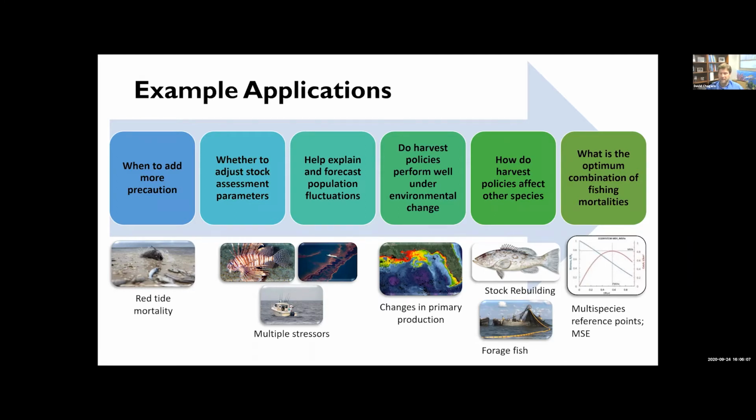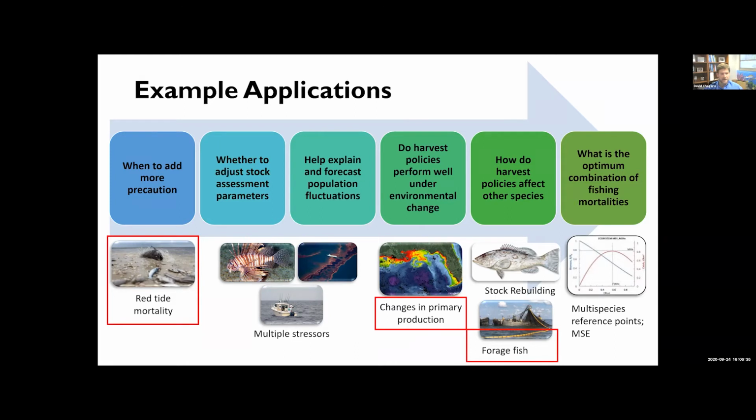Things like climate change, precipitation patterns, and river flow can all impact primary production in the system, which could impact overall system productivity. And then there's more tactical management advice, such as stock rebuilding, setting precautionary limits on forage fish harvest, and ultimately multi-species reference points, which is the ideal scenario for ecosystem-based management.